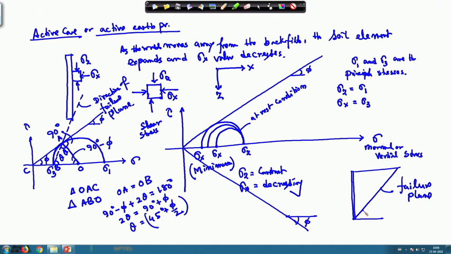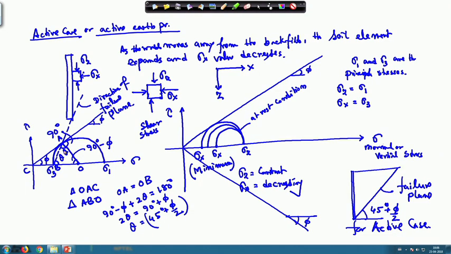For the active case, the failure plane will make an angle 45 degree plus phi by 2 with the horizontal.